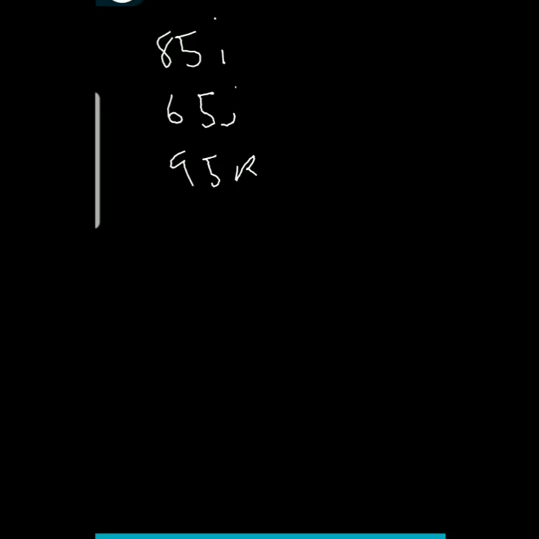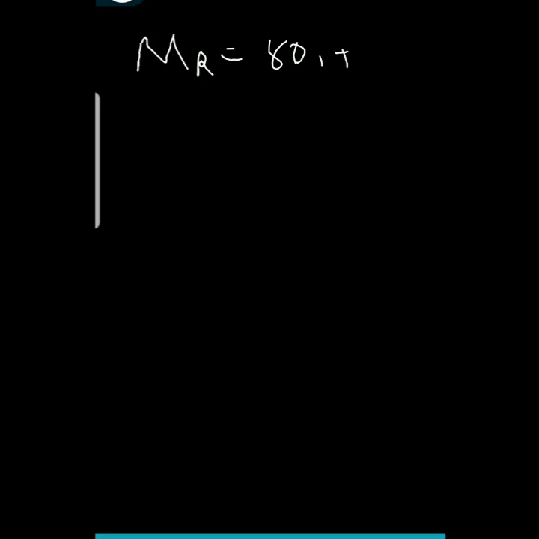The resultant MR will simply be 80I plus 65J plus 95K.